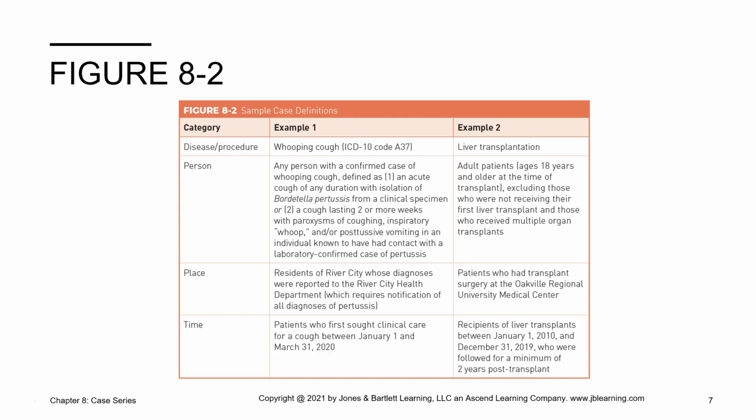Your person here is anyone that has a confirmed case of whooping cough and it has lasted a certain amount of time. For the place, it's looking very specifically at people who live in River City with a diagnosis that was reported to the River City Health Department, and the diagnosis here was using the ICD-10 codes for it.